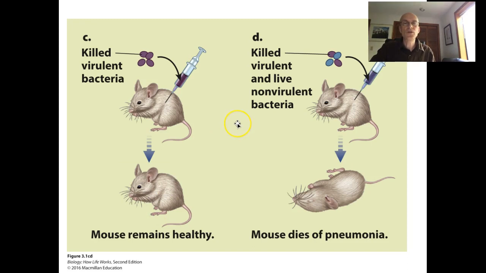But then, to his great surprise, when he killed the virulent bacteria first and then mixed them with living non-virulent bacteria that previously had not caused any harm to the mouse, then the mouse died. So that was puzzling to him.